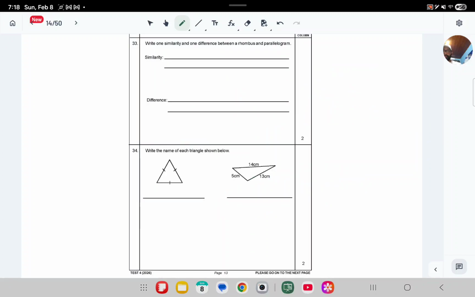Number 33. Write one similarity and one difference between a rhombus and a parallelogram. Alright, so a similarity could be both are quadrilaterals.